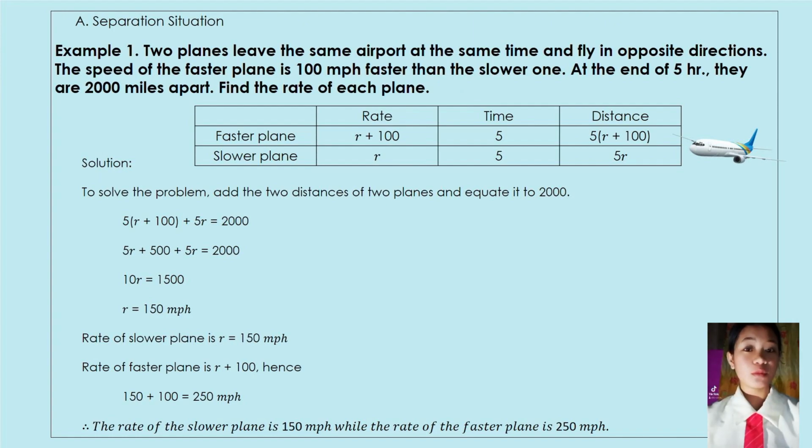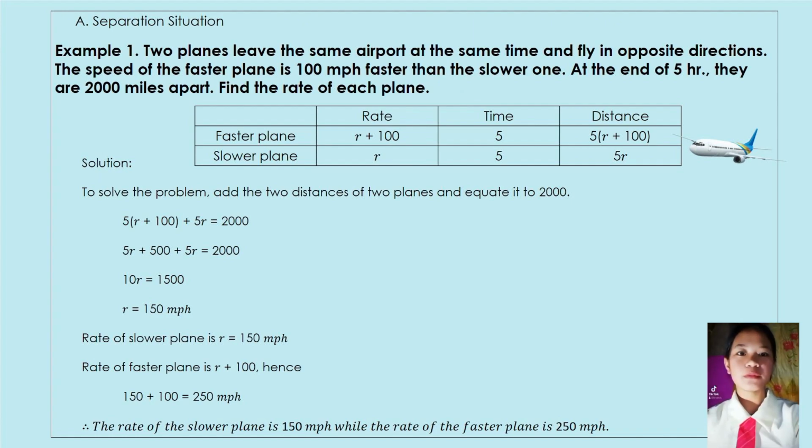So this time we add 5r plus 5r, which is 10r, and move the 500 to the right side of the 2000. Subtracting 500 from 2000 gives 1500, so 10r is equal to 1500, and the rate is equal to 150 because we divide 1500 by 10.